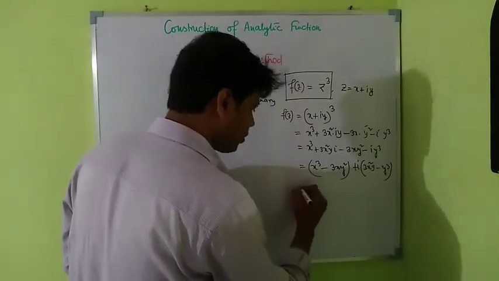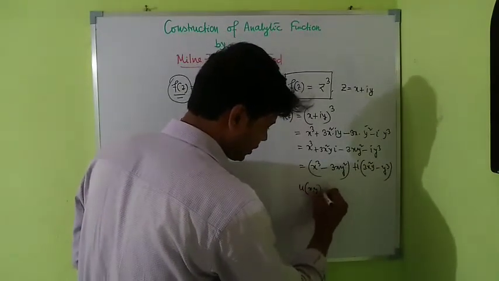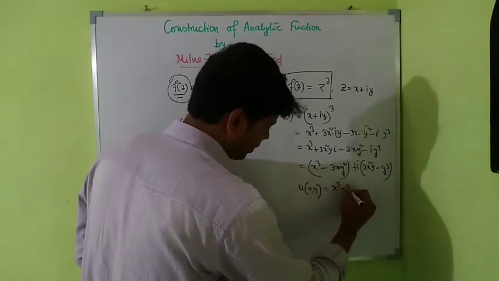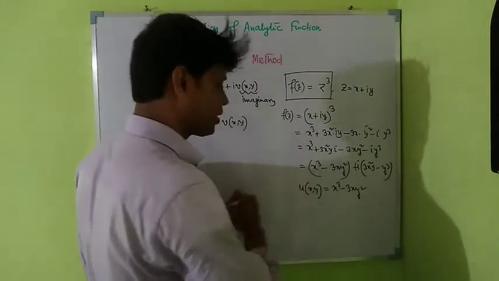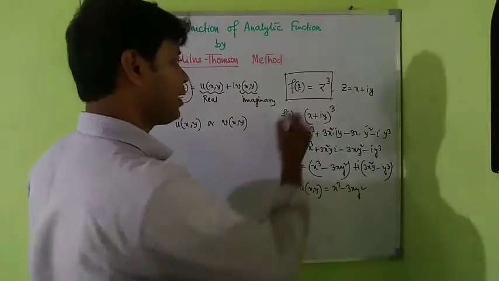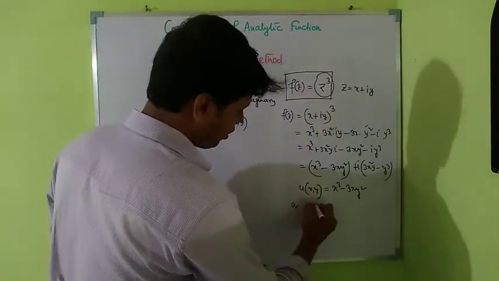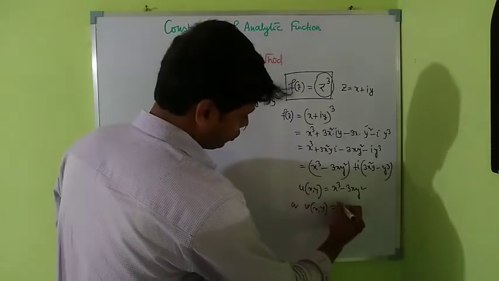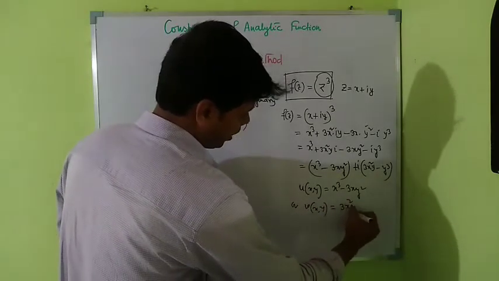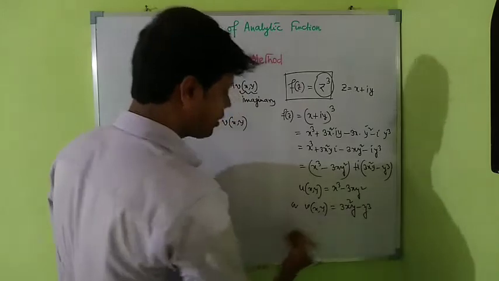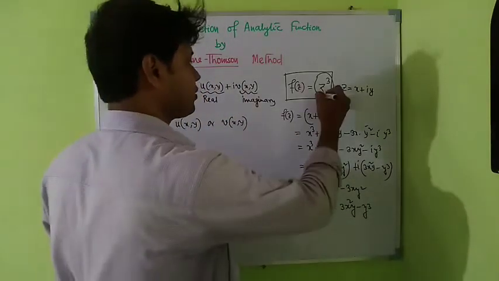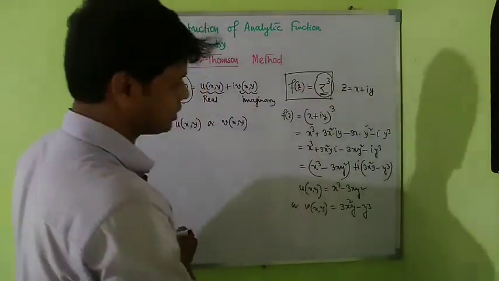So, here we are given just u(x,y) = x cubed minus 3xy squared. We shall find f(z) = z cubed. Or you are given v(x,y) = 3x squared y minus y cubed. We have to find z cubed.